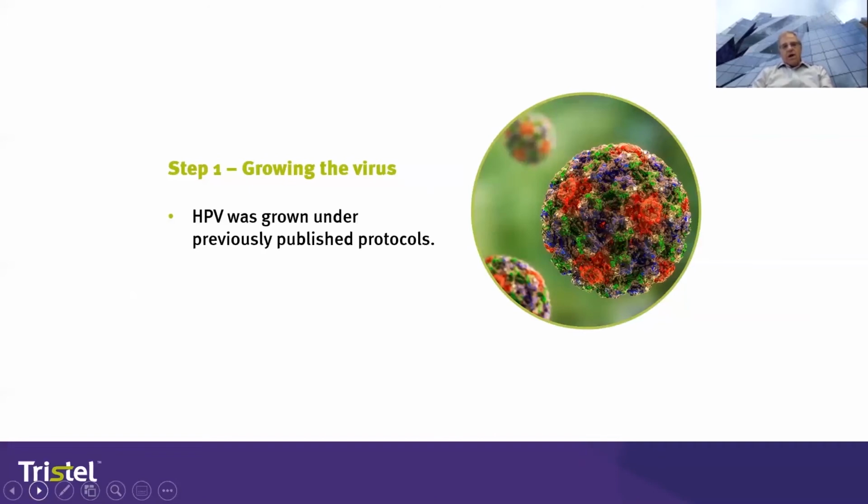We were actually the first ever to grow authentic, infectious HPV in the laboratory. And we have literally made hundreds and hundreds of batches of virus, and we've done many studies about its stability, about its infection, about how to block its infection, and so forth. So let's go to the next step.